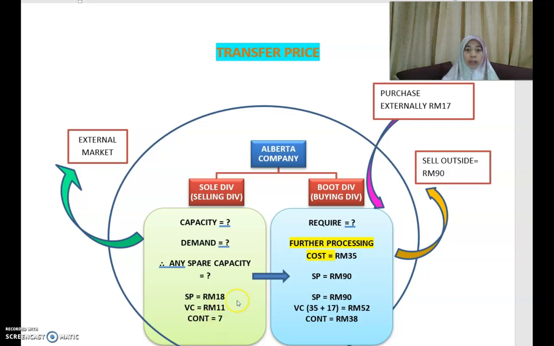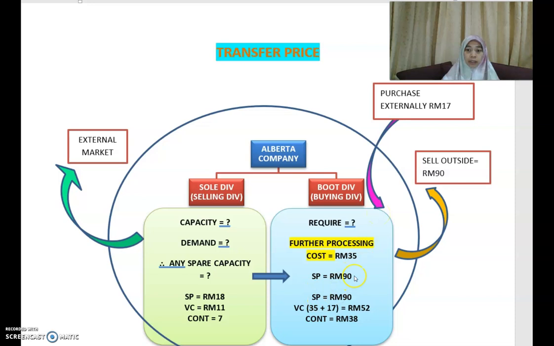Then the boot division has the option, once they have finished, to sell outside at 90 ringgit. But where do they get the input? The sole is purchased externally at 17 ringgit.